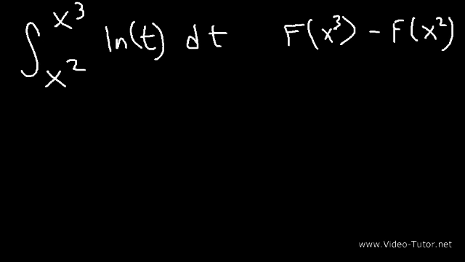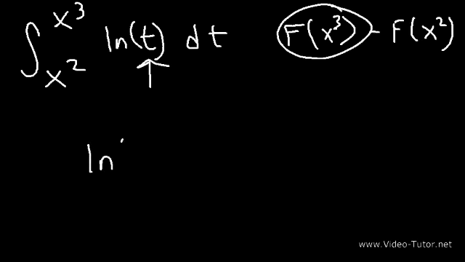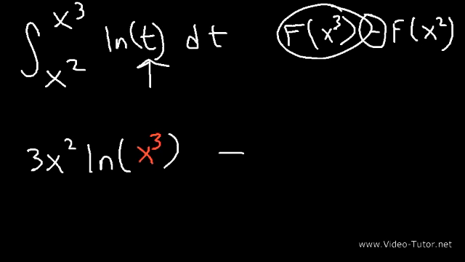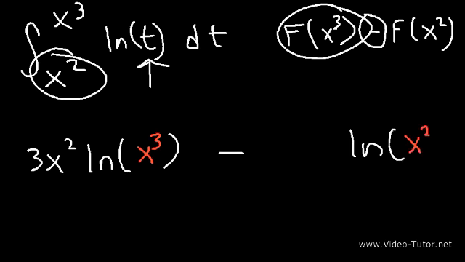So for the first part, replace t with x cubed. So it's going to be ln x cubed. And then find the derivative of x cubed, which is 3x squared. And so we're going to put that in here. And then minus. Now we need to work on this example. Let's replace t with x squared. And the derivative of x squared is 2x. So let's put that in the front. This is going to be the answer.